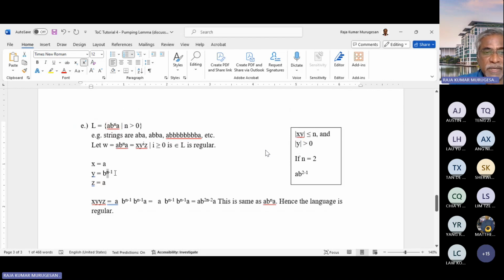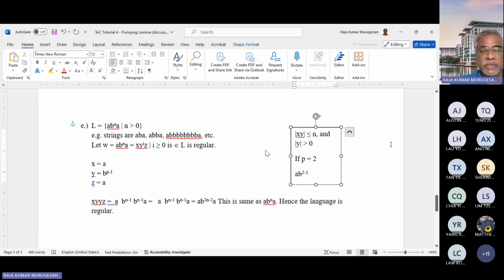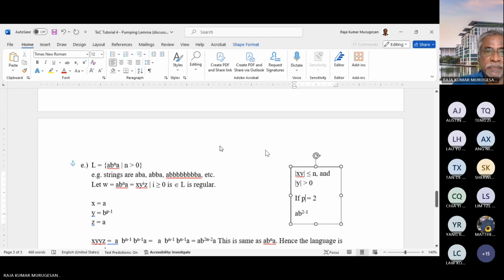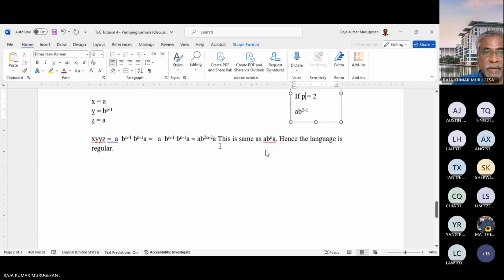In a lot of literature, they use the variable p minus 1 instead of n, so that you don't confuse it with this variable. Here we are using the same variable, that's why it leads to confusion. If you take a different variable, there won't be confusion.